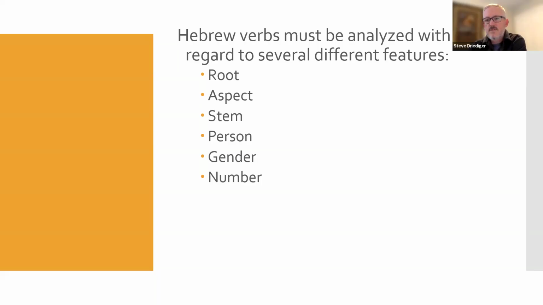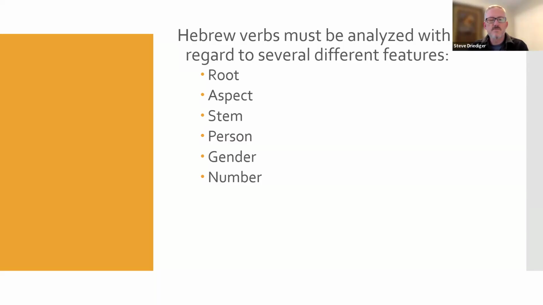Person, gender, and number. Those are categories that we remember from Greek too and are fairly easily transferable to some sort of English equivalent. What's different about Hebrew verbs is, I guess, what we would call aspect and stem.